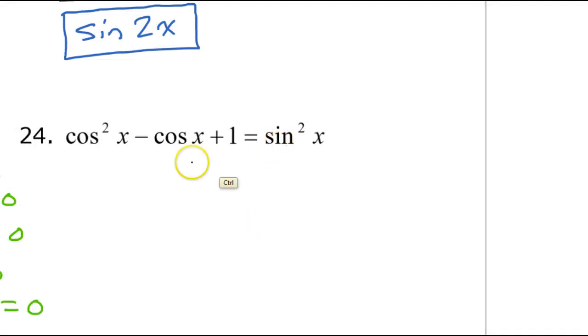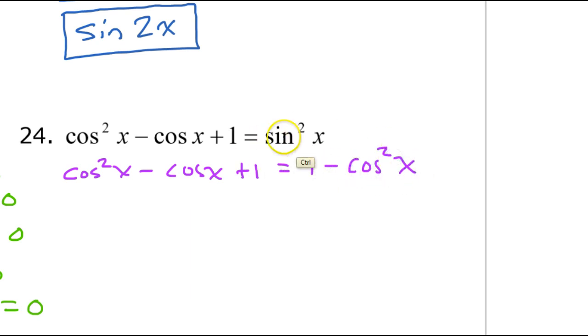So that's what I'm going to do. So this will be cosine squared minus cosine plus 1. And this is going to be 1 minus cosine squared. Now I have all cosine, so this is going to be great.